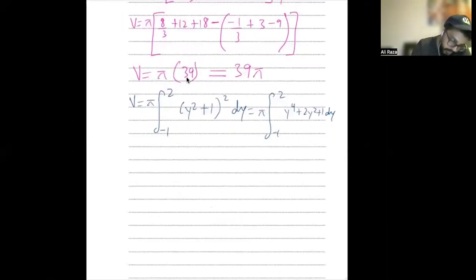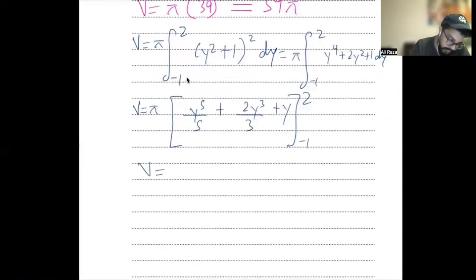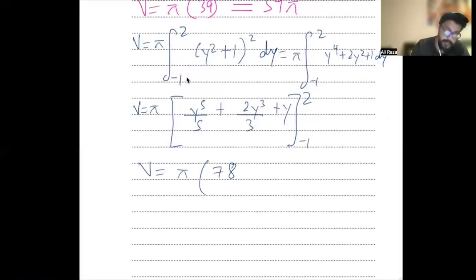When we integrate this, we'll get y power 5 upon 5 plus 2y cube upon 3 plus y. This would simplify to pi multiplied by 78 upon 5.